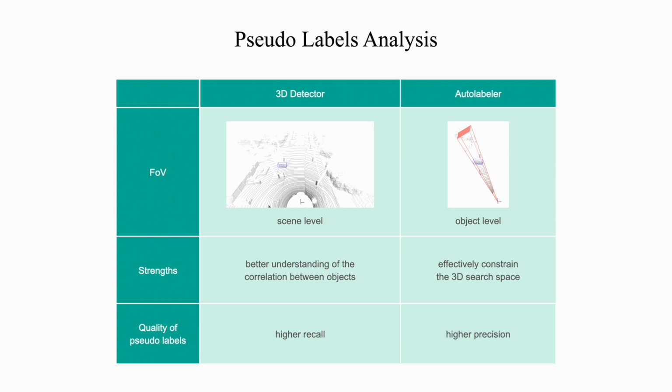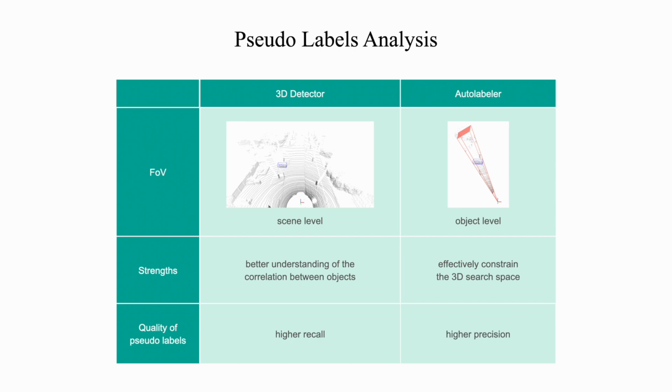Here we analyze the pseudo-labels generated by these two modalities and explain how our consistency fusion strategy enhances the quality of pseudo-labels. First, compared to autolabeler, the 3D detector has a larger field of view and operates at the scene level. Therefore, its strength lies in its ability to discern correlations between objects, resulting in higher recall.